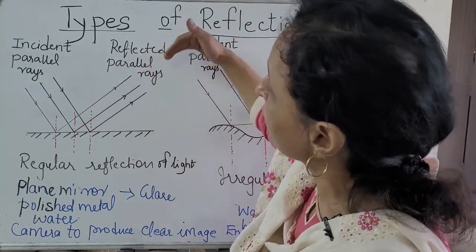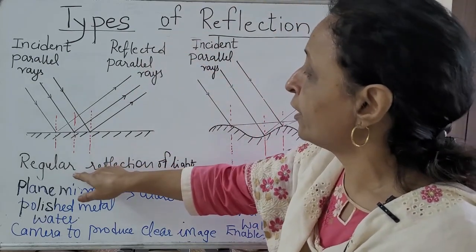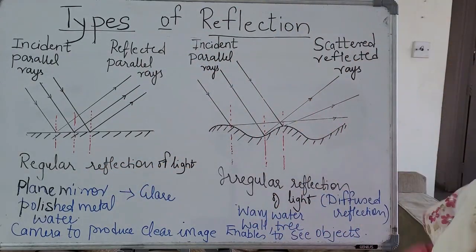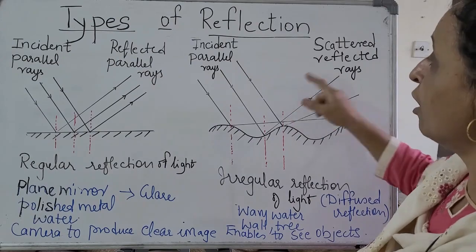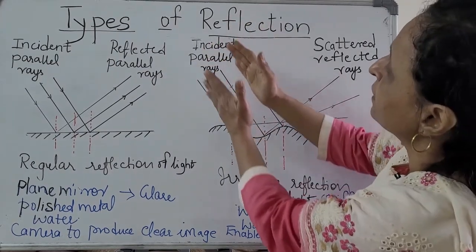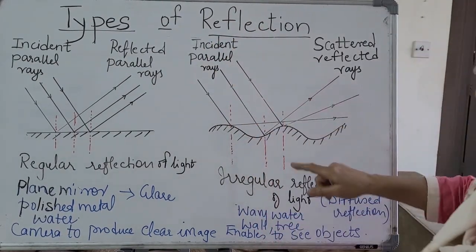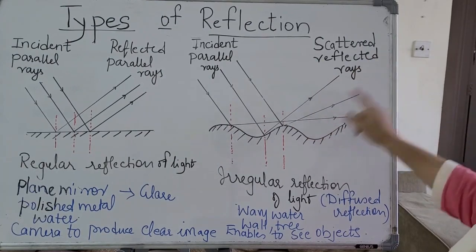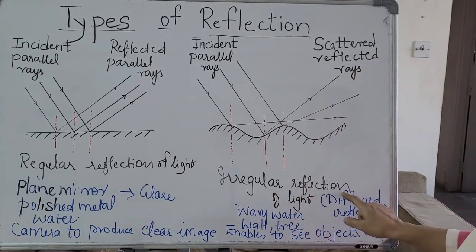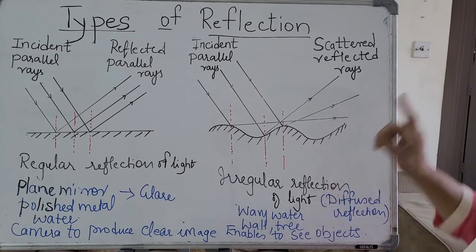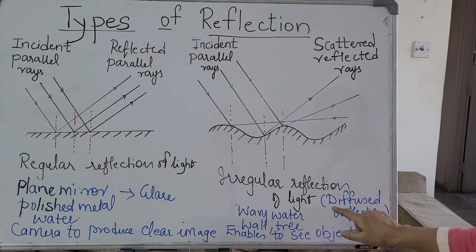When the reflected rays are also parallel, then it is regular reflection of light. Now, when it is not parallel, you can see incident rays are parallel, but the reflected rays are not parallel, they are scattered. Then it is known as irregular reflection of light. It is also known as diffuse reflection.